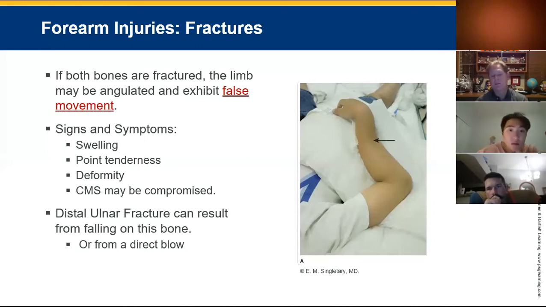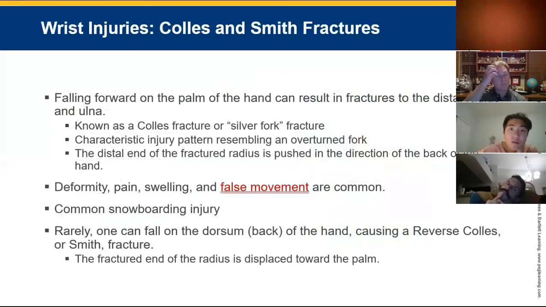And that way the bone is supported from the tip of the finger up past the break to the elbow. Does that make sense? Yes. Okay, next.